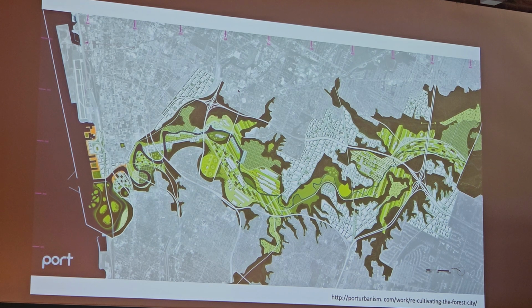So they combine a kind of forest structure and a productive landscape hand in hand with different forms of urban systems, and where it's the most dense new urban area that you see in white here, it's where you also have the bigger part of the forest interfering in it.